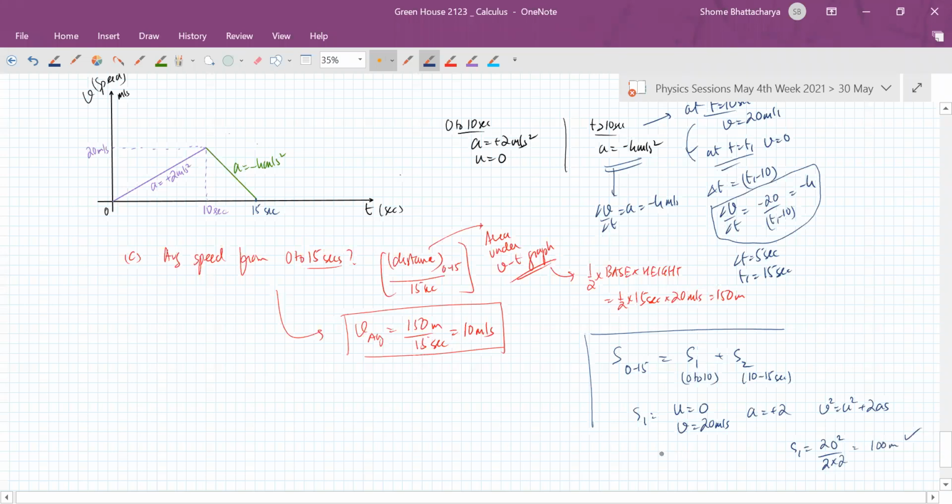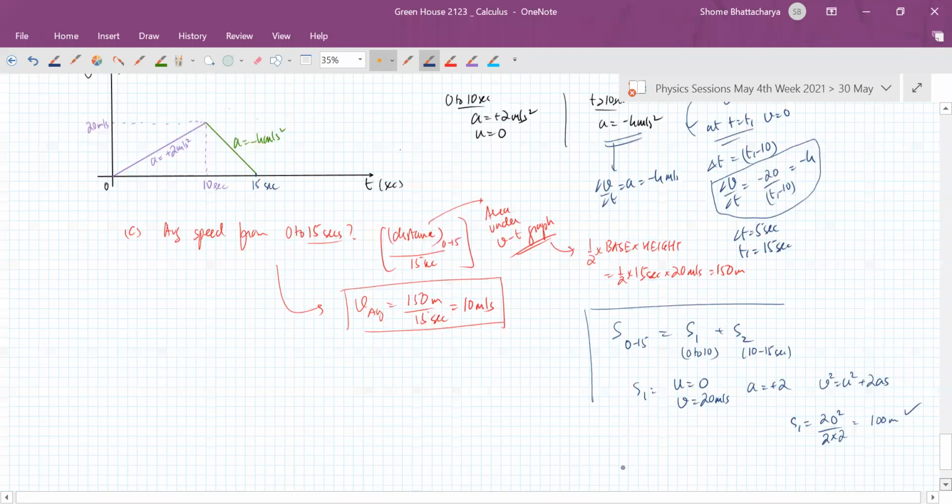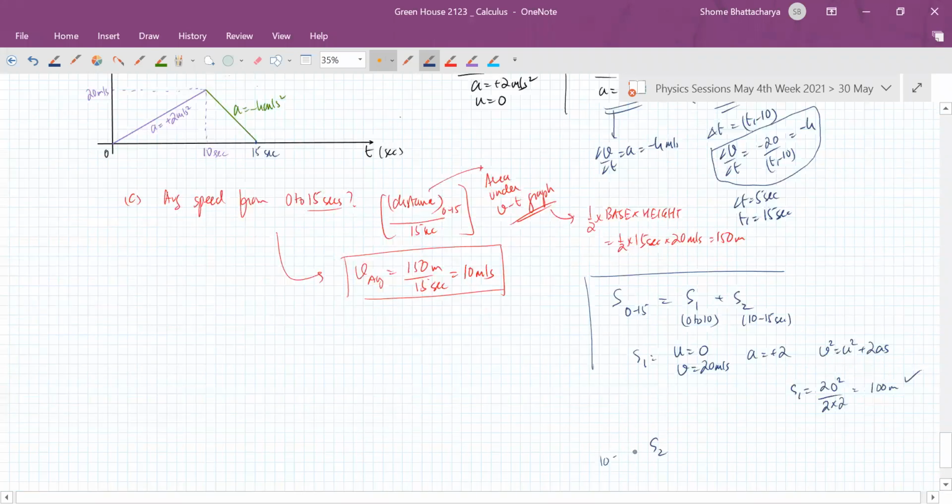Then for S2, from 10 to 15 seconds, the initial velocity is 20 meters per second, the final velocity is 0, and the acceleration is minus 4. Using V square equals U square plus 2AS again, 0 equals 20 square plus 2 into minus 4 into S2.